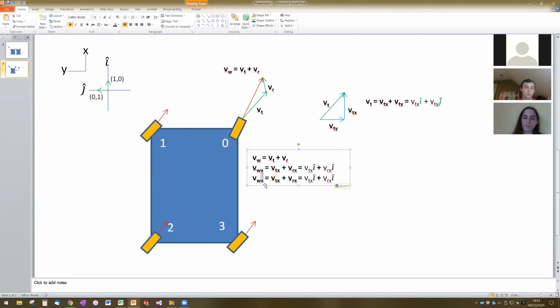So you have the y component of the velocity equals the summation of the y components for the translation and rotation vectors, which you can also then split down into their scalar components and their unit vectors.